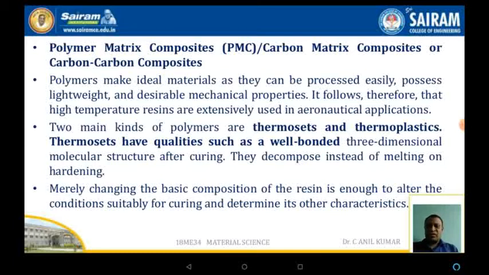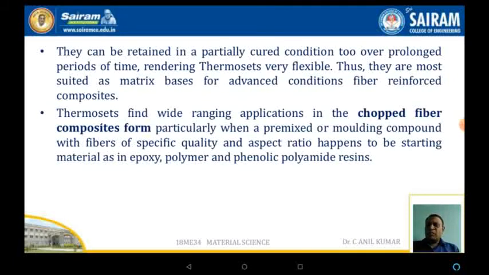Merely changing the basic composition of the resin is enough to alter the conditions suitably for curing and to determine the other characteristics. They can be retained in a particular cured condition over a prolonged period of time, rendering the thermoset very flexible. Thus, they are most suited as a matrix base for advanced fiber reinforced composites.